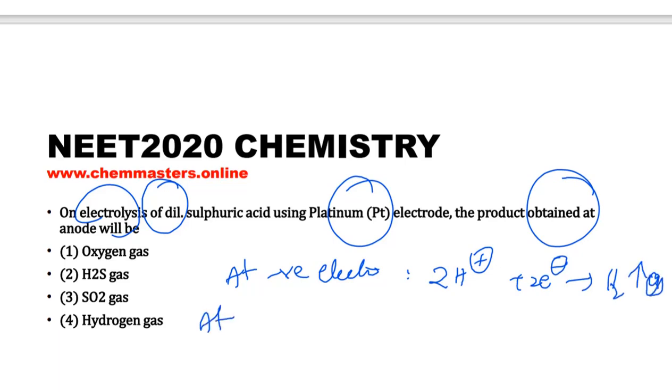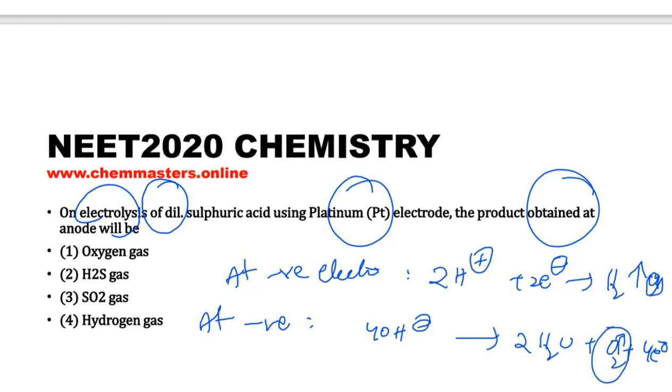Now at the anode, 4 OH minus ions by releasing 4 electrons produce oxygen gas. So the product obtained at the anode will be oxygen gas. Option 1 is the correct answer.